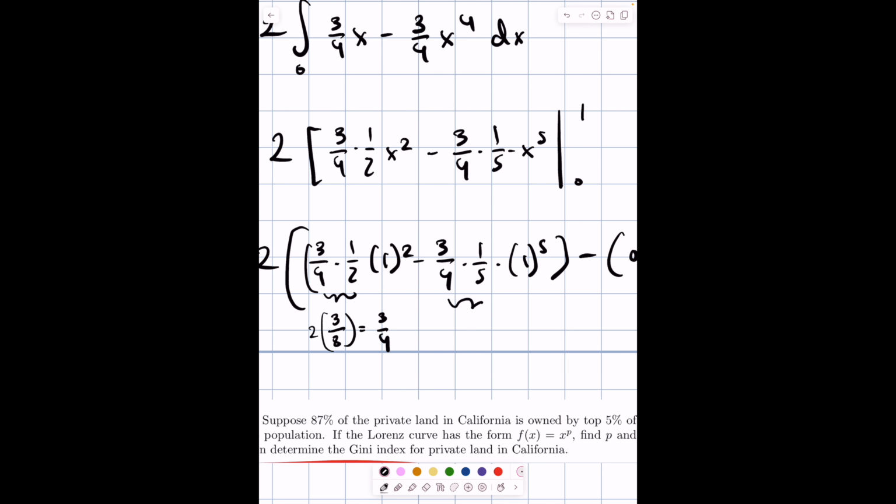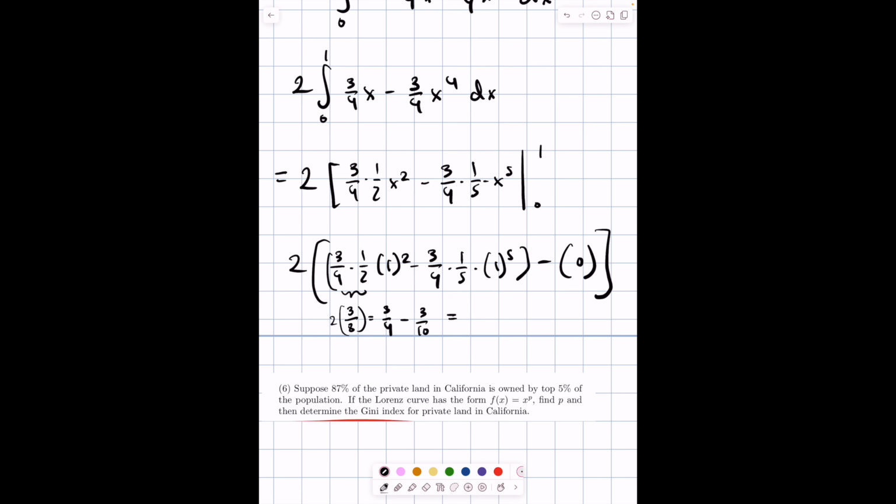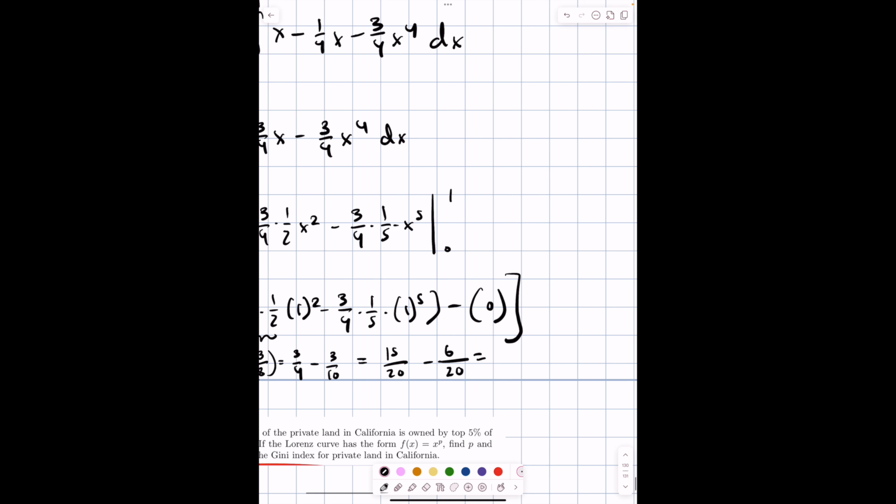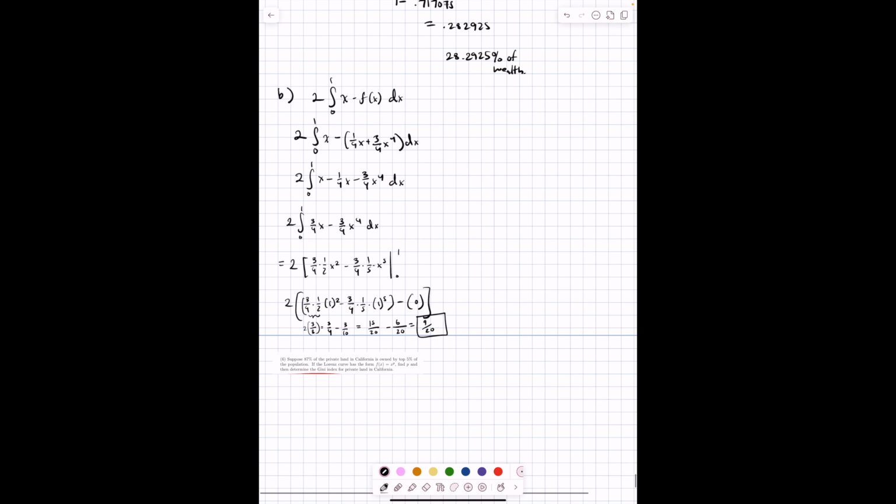And then 3 over 20 times 2 is 3 over 10. We have to do a common denominator of 20. So it's 15 minus 6, and I get 9 over 20 is the Gini index. Okay.